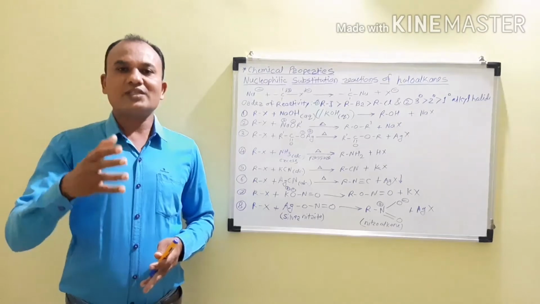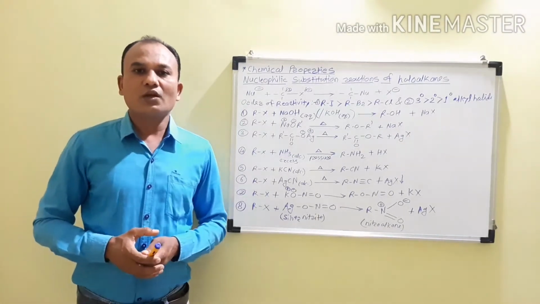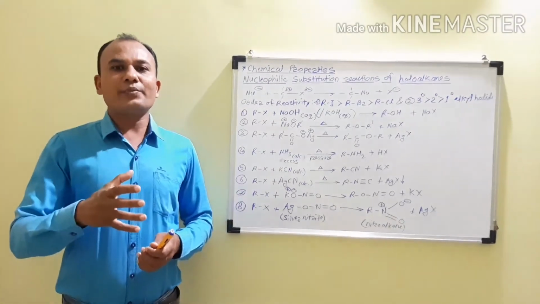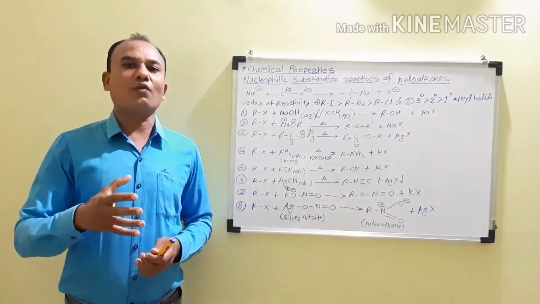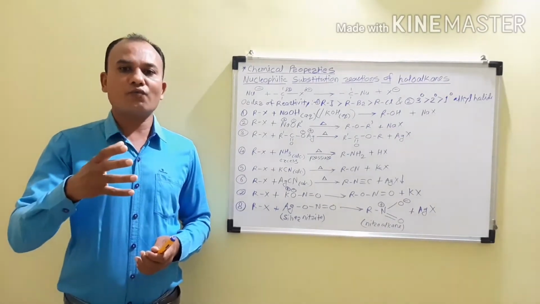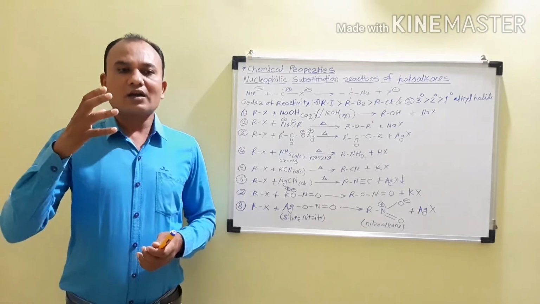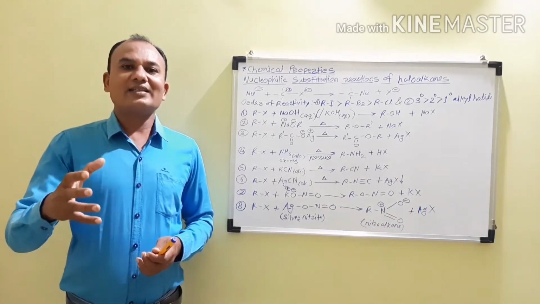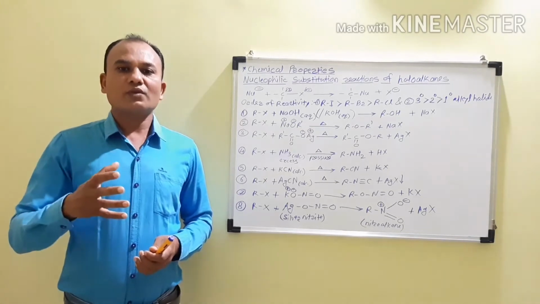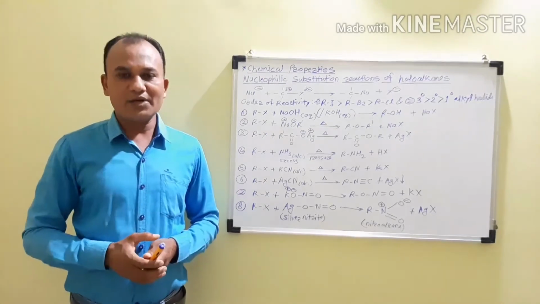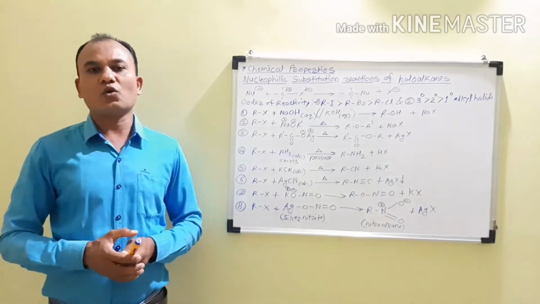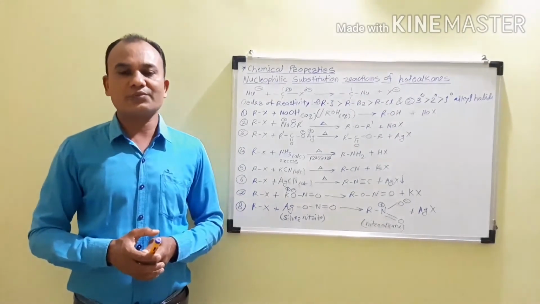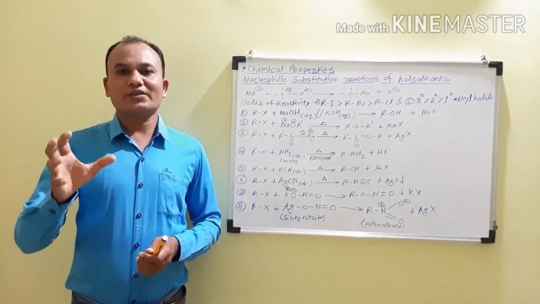Now as you know, which are called the substitution reactions? In any reaction, if there is a replacement of an atom or group from the carbon of the substrate by another atom or group without change in the hybridization state of that carbon in the substrate, it is called a substitution reaction.